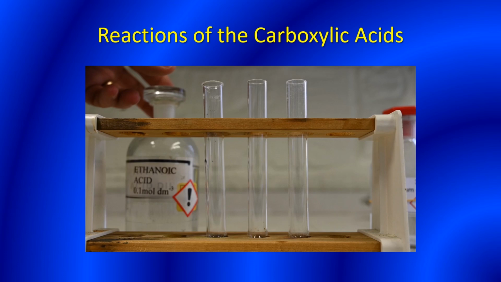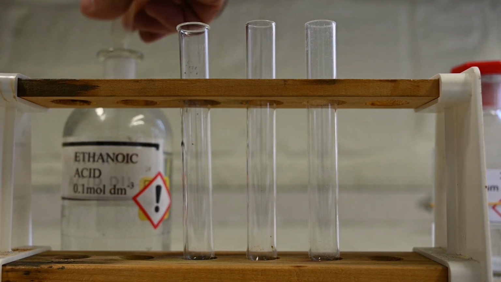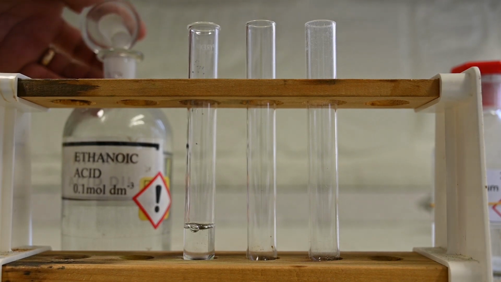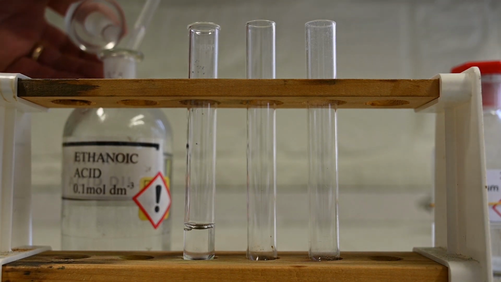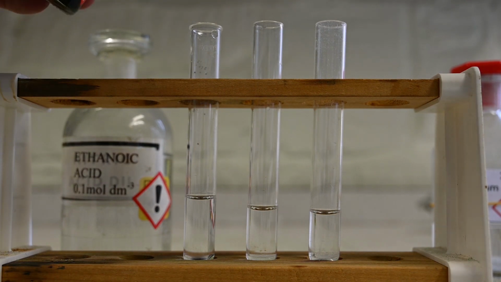Okay, we're now going to consider the reactions of the carboxylic acids, and to start with we'll watch a video to illustrate those reactions. Into these test tubes I'm going to place some ethanoic acid. So into the first tube I'm going to add some universal indicator solution.